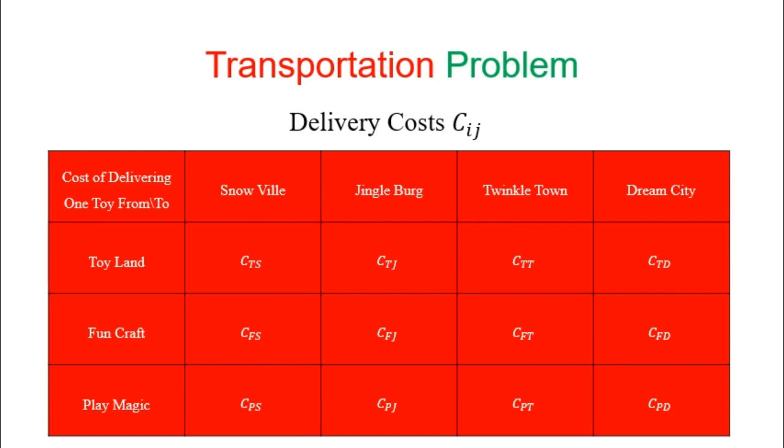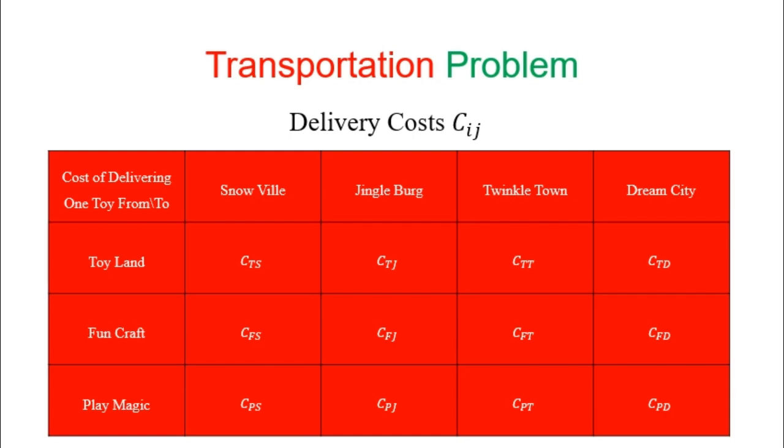Again, I'm repeating, these elements of the matrix, that is CTS, CTJ, CTT, CTD, CFS, CFJ, CFT, and so on, represent the cost associated with the delivery of one toy from the origin, which is the first subscript T, to the destination, which is the second subscript S. T stands for Toyland, S stands for Snowville.